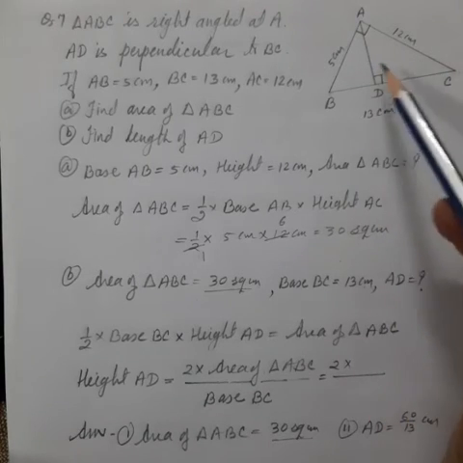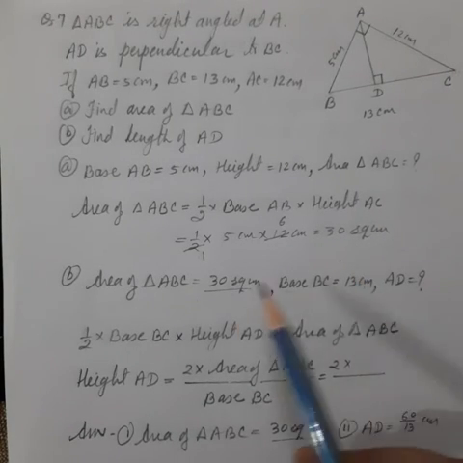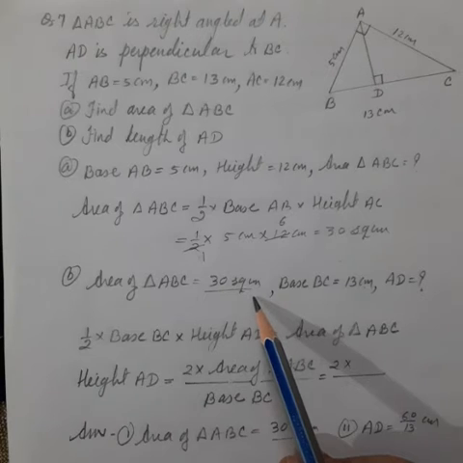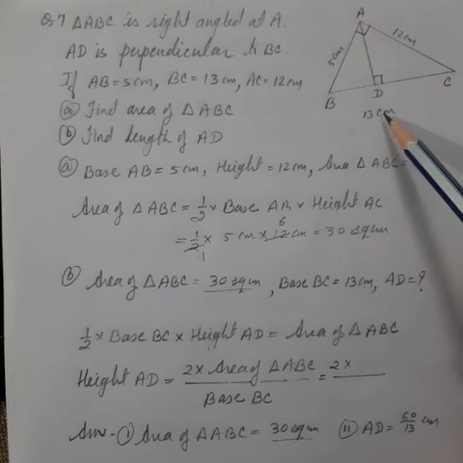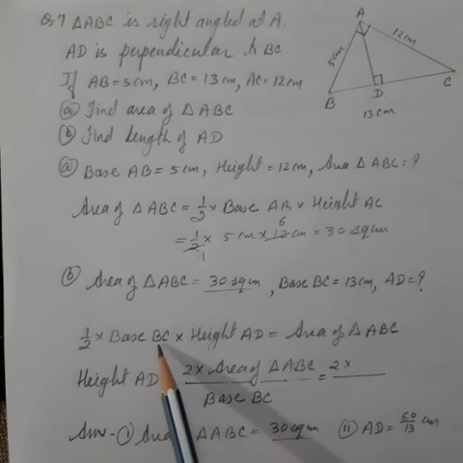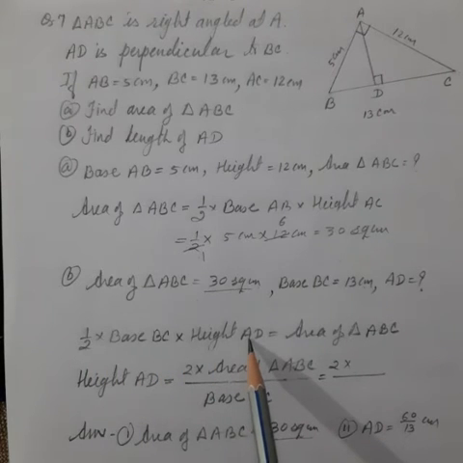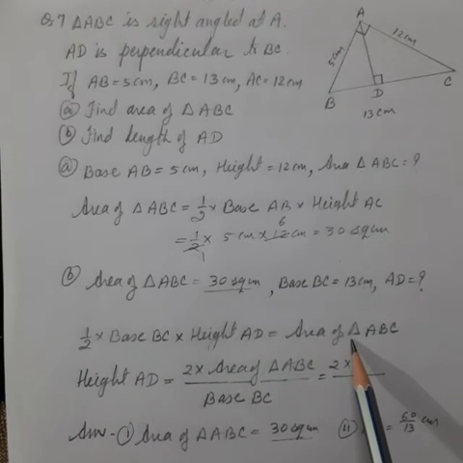So the area of triangle ABC is 30 square centimeter. Now we have to find out height AD. Its corresponding base is BC, it is given 13 centimeter.